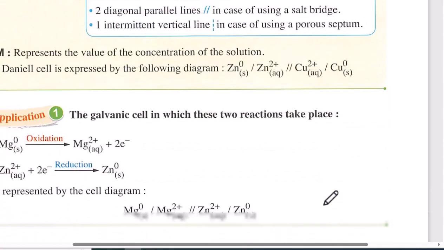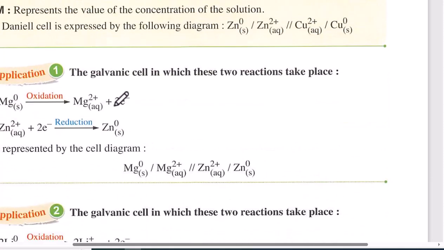So we have some examples. The galvanic cell in which these reactions take place: magnesium 0 solid undergoes oxidation and makes magnesium positive 2 and 2 electrons. So this is the anode, where the oxidation process happens.